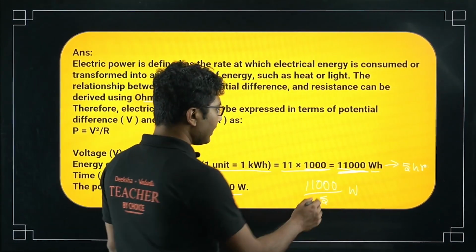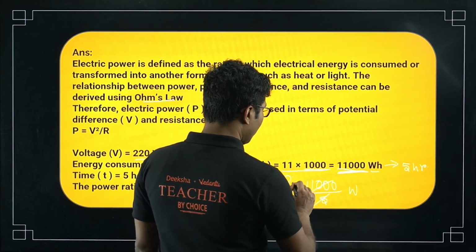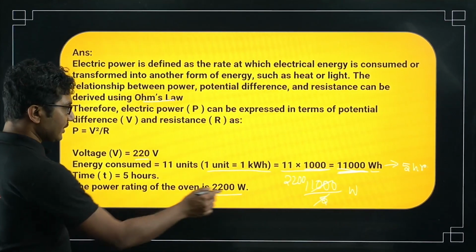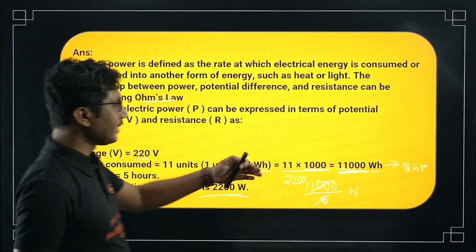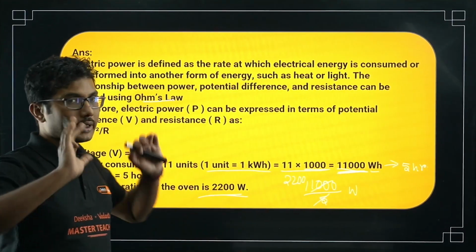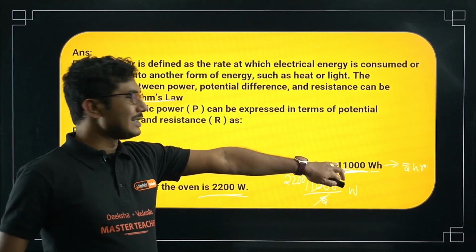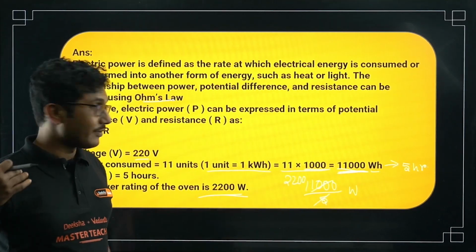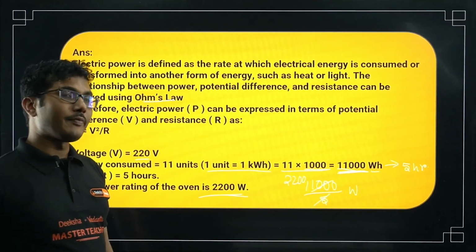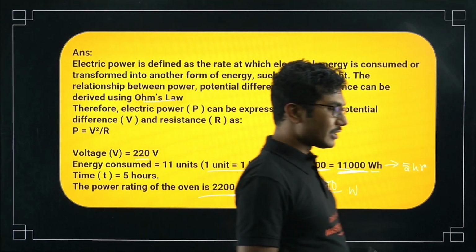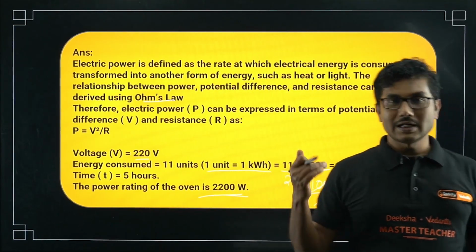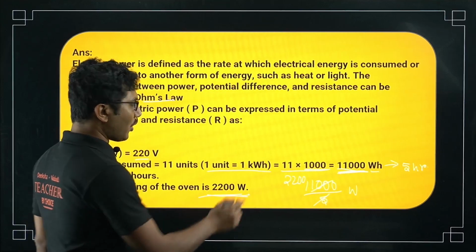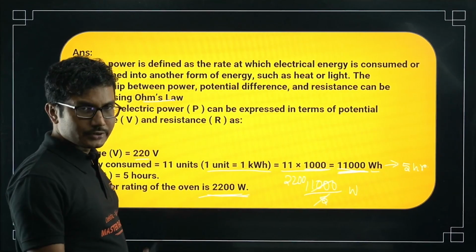So if you cancel it, you will get 2200 watt. So this is how you have achieved this 2200 watt. You have to divide it by 5. Total energy consumed is 11,000. If you divide it by 5, that means that much energy is consumed every second. That is the power rating. So power rating is 2200 watt.